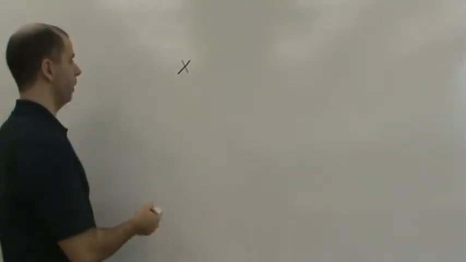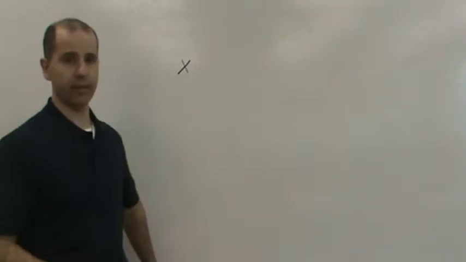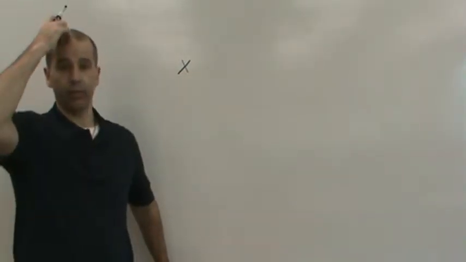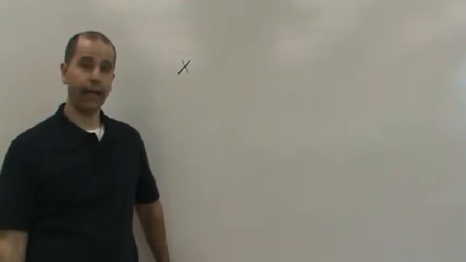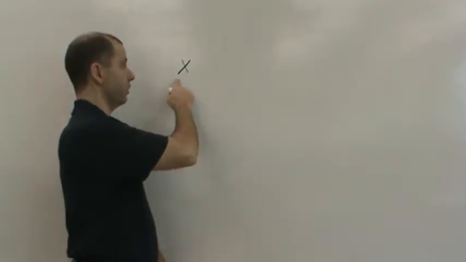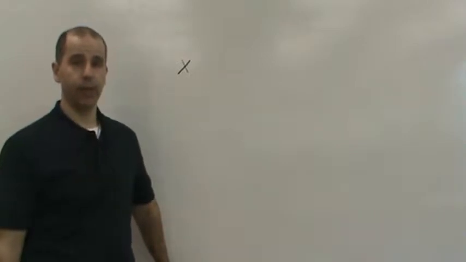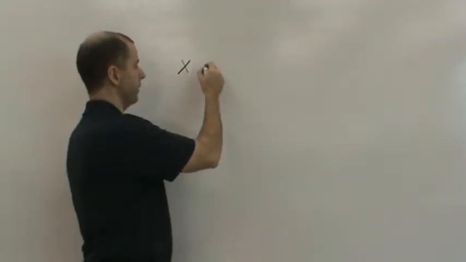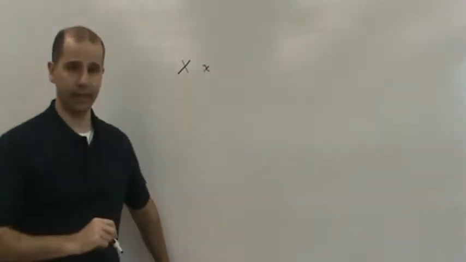This X represents all of the values that height could be if I talk about the height of a woman. So the height of women I could denote with a capital X, but a specific height of a woman I would denote as a lowercase x.